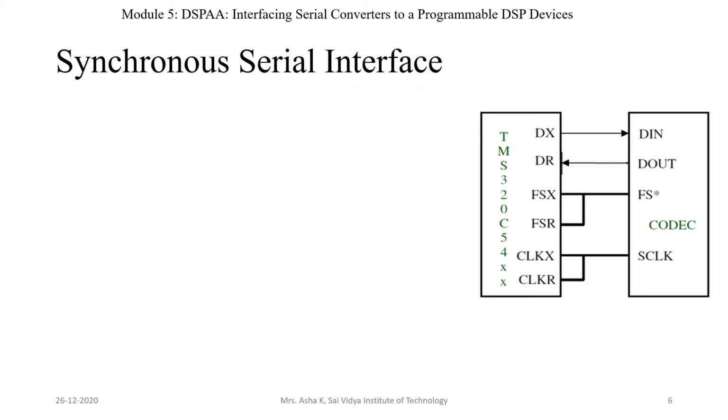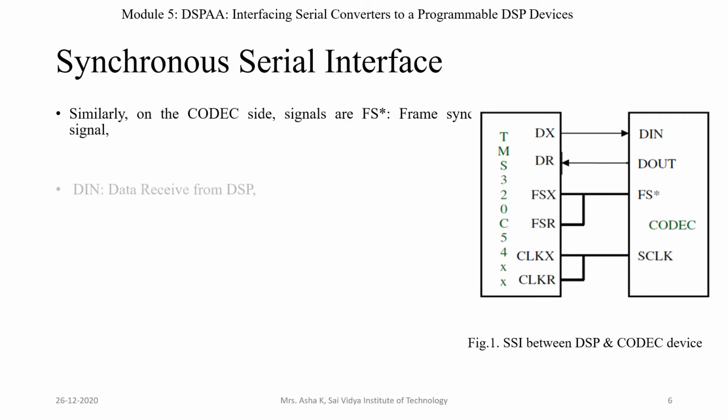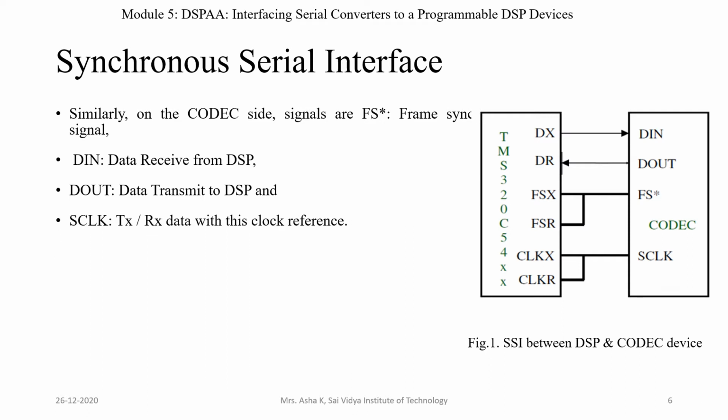On the codec side, we have the signal called FS star, the frame synchronous signal at the codec end. We have data received from the DSP, which is called DIN, and data transmitted to the DSP, which is called DOUT.